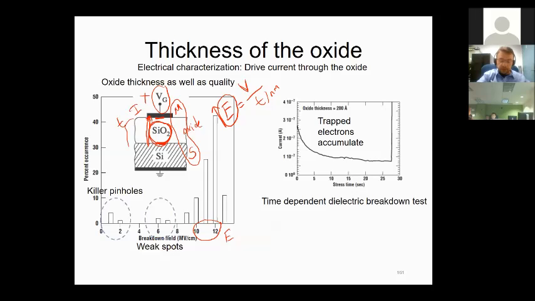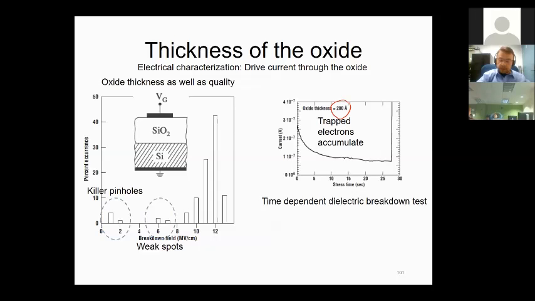If we have defects here, they already get broken before even reaching that kind of electric field. So those are going to be the defective oxides. You can also try to estimate the thickness by running the current again in another electronic measurement characterization.